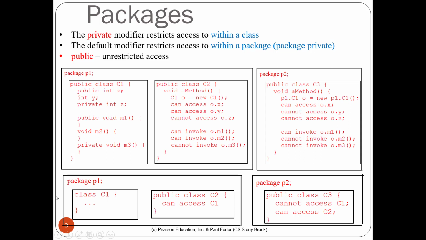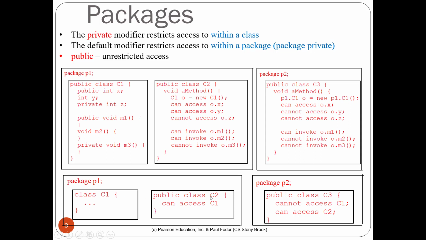That means you have the default access modifier for class C1, which means you can access class C1 only in this package. This class C1 cannot be accessed from the different package P2 because the class C1 is not public. So when you leave it default, then that is package private.